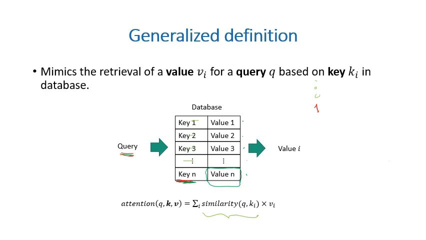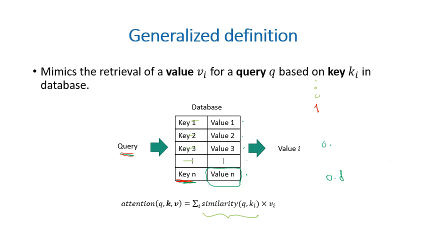You can assume that this process is not hard similarity, but somehow soft similarity. And if it is soft similarity, it's not that the similarity between the key n and query is 1 and everything else is 0. So this is a large number, 0.8, but other keys have a little bit of similarity.